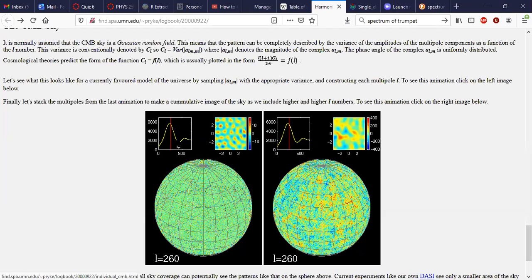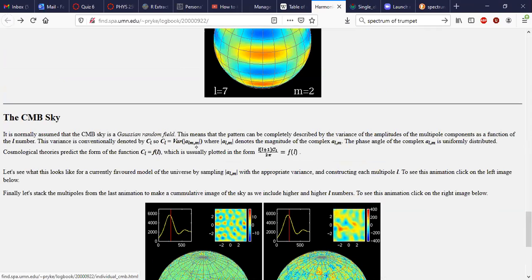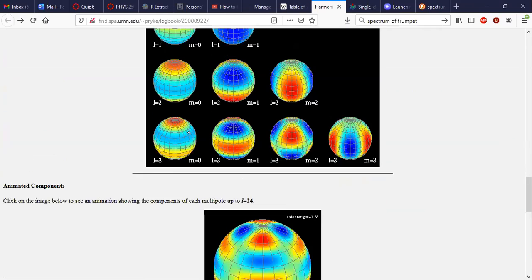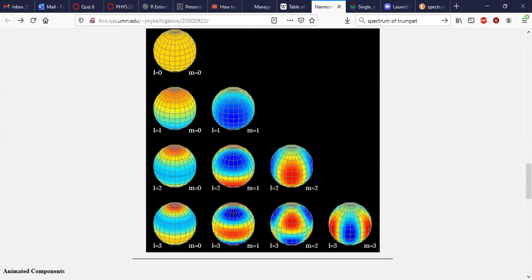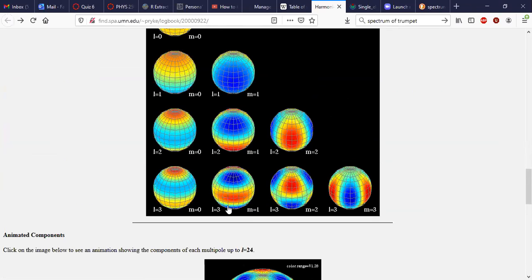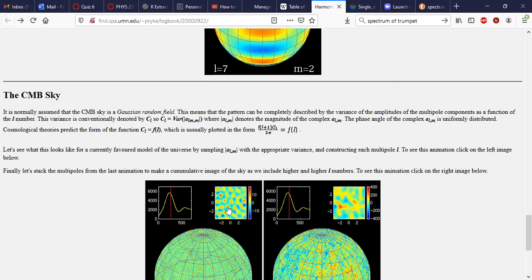This wiggle does have to do with so-called acoustic oscillations in the early universe. The temperature of the sky is a little bit mottled, kind of dappled, like you can see there. And somebody literally just did the spectral analysis and asked how much of this low frequency is there, how much of this higher and higher frequency, in the same way that they spectrally analyze musical instruments.